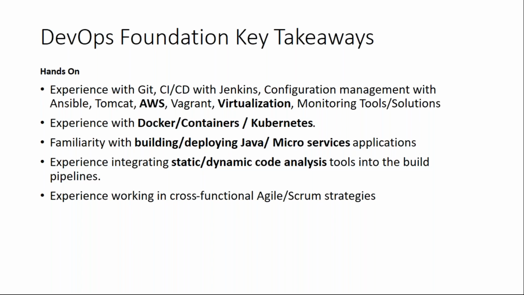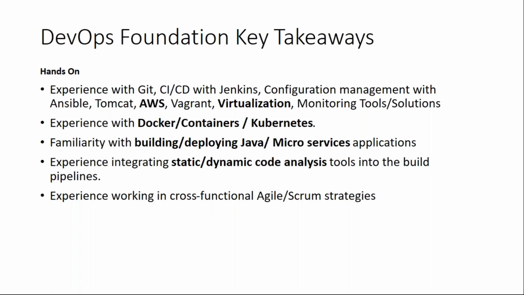And experiencing the integration of static and dynamic code analysis whenever you are working on build pipelines. Most DevOps engineers are expected to work on Git or GitLab. So there is a need to build the pipeline and create the jobs, and they should be executed, and engineers should be able to troubleshoot why it failed, what the problem is, and all those things we'll try to experience in the course.